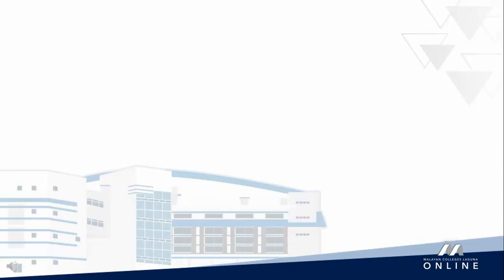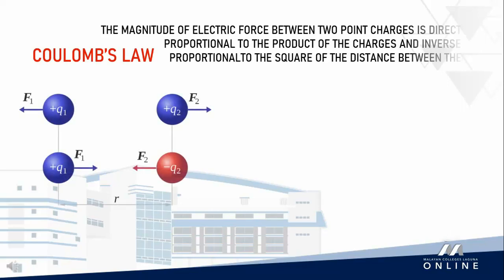Again, Coulomb's law states that the magnitude of the electric force between two point charges is directly proportional to the product of the charges and inversely proportional to the square of the distance between them.